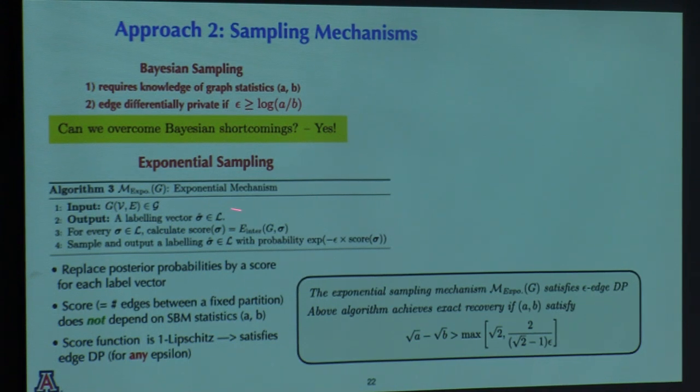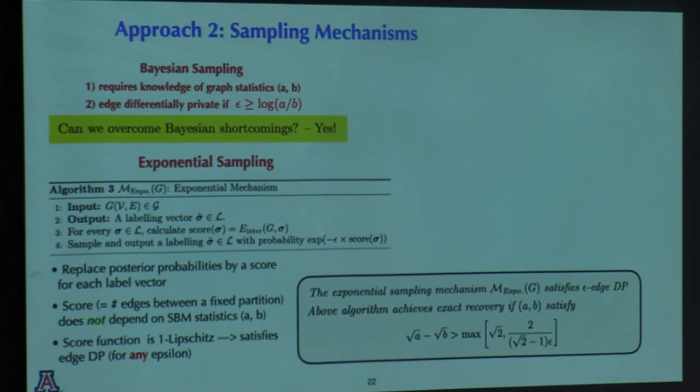What it does is, for every possible sigma vector, it computes a score. Let's say you have a label sigma. Sigma essentially defines a partition of the graph. If I label the graph red and blue, this defines a partition, and then you can look at the number of edges between the parts. If the number of edges is small, it's a good partition.